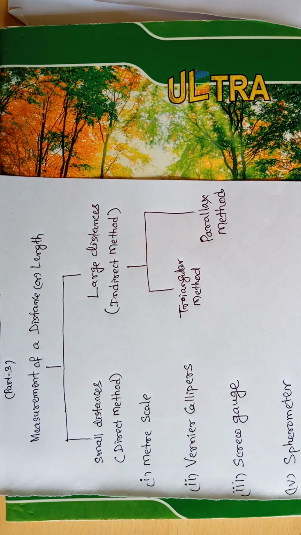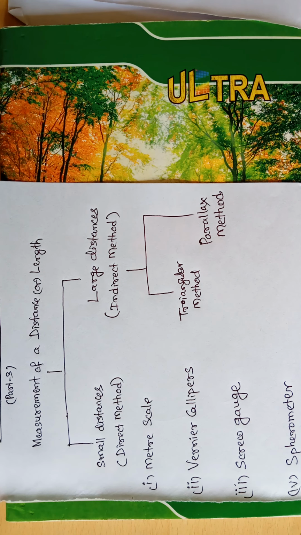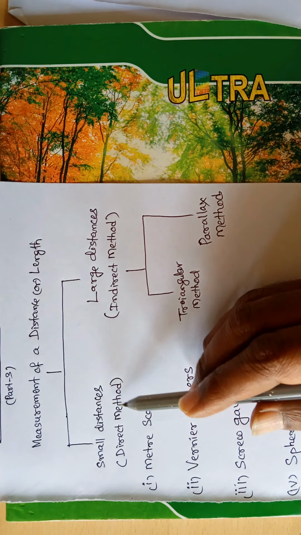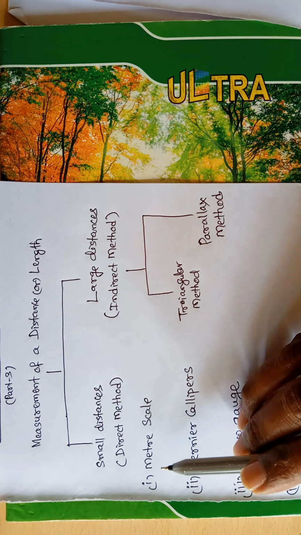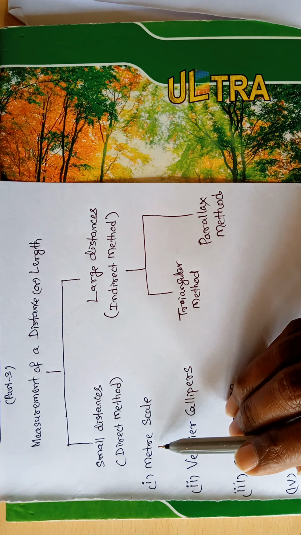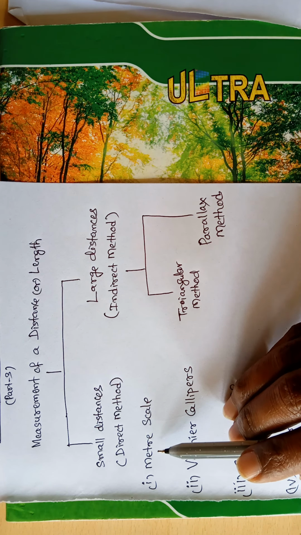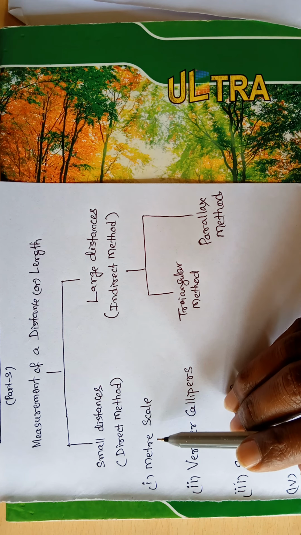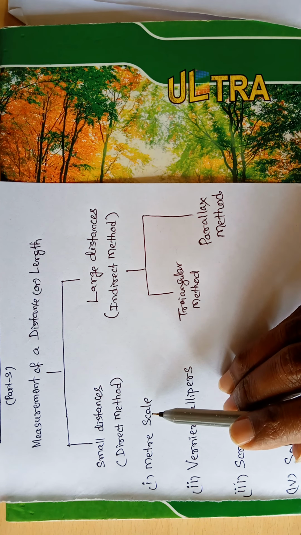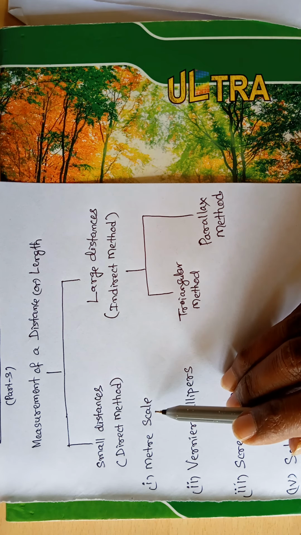First, let us consider small distances. So, small distances, direct method, mostly used common apparatus. If you go to a cloth merchant, you find a meter scale made of stainless steel.